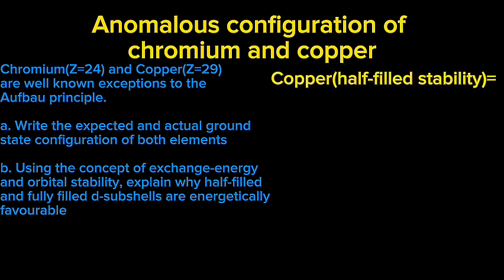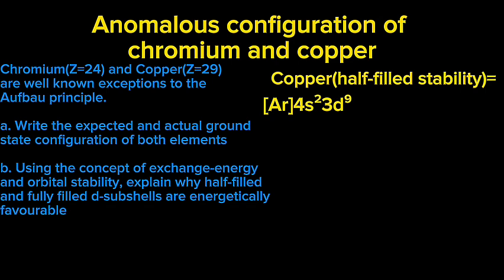As for copper, the same thing applies, but in the case of copper, instead of the half-filled stability, we have the fully filled stability. Let us write the condensed electronic configuration for copper. We have [Ar], which is argon, 4s2, 3d9. So we have a total of 9 electrons in the 3d subshell.